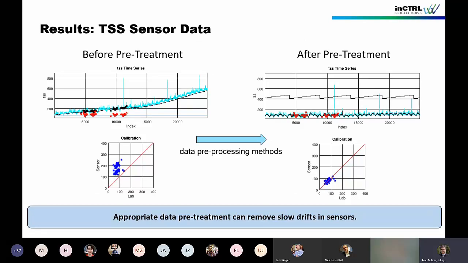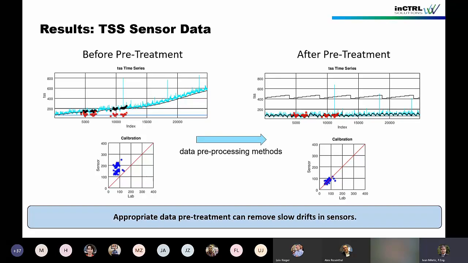A time series model is fitted to, say, this TSS data in the light blue there, and you can clearly see that there's an upward drift. The red dots, which are the lab values, don't match up with the black dots, which are the corresponding sensor values, because of that drift and that offset. If you apply an ARIMA model, you can fit the model to the data to account for that drift, which is that black line that follows the light blue sensor values.